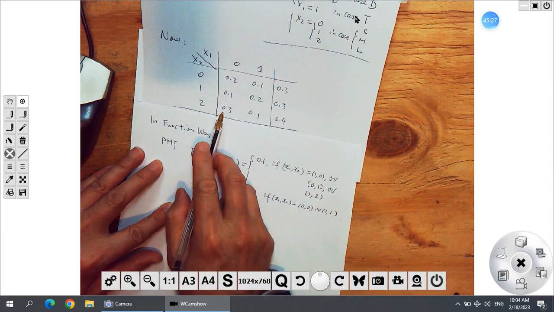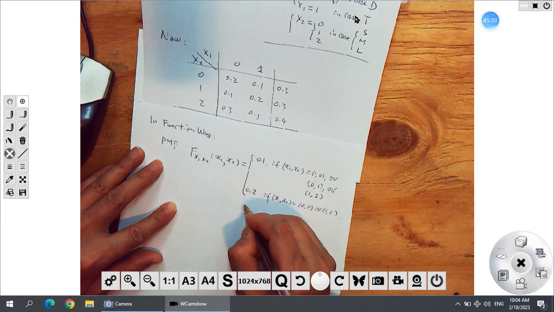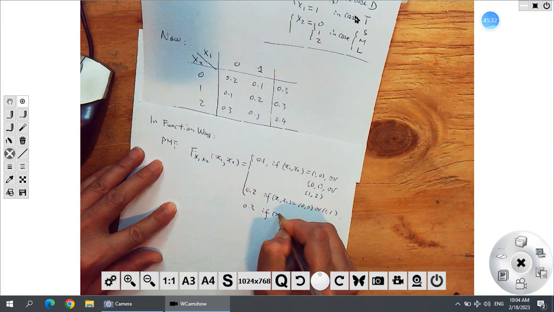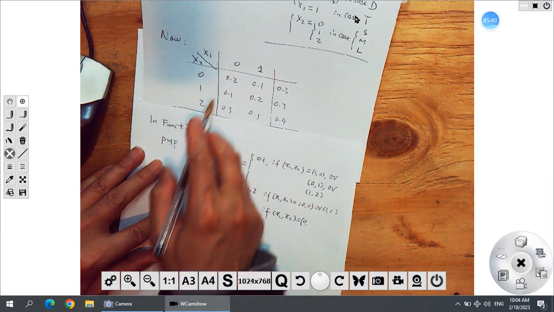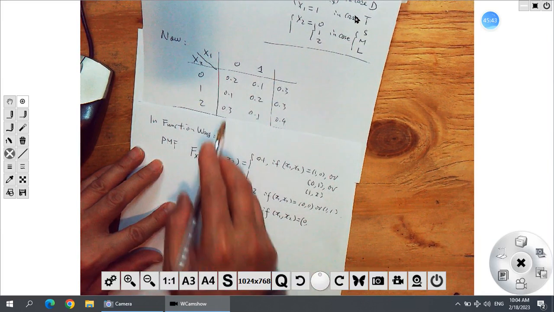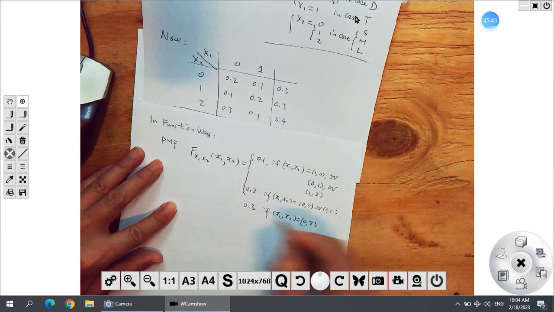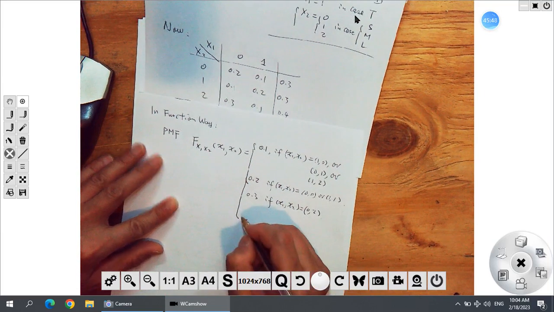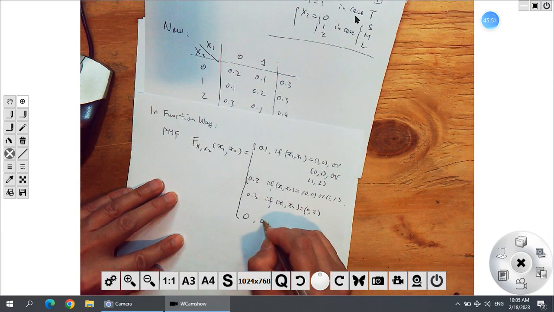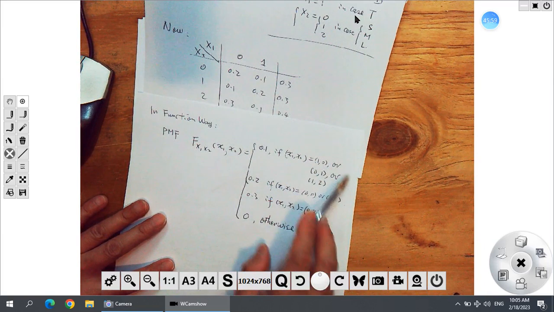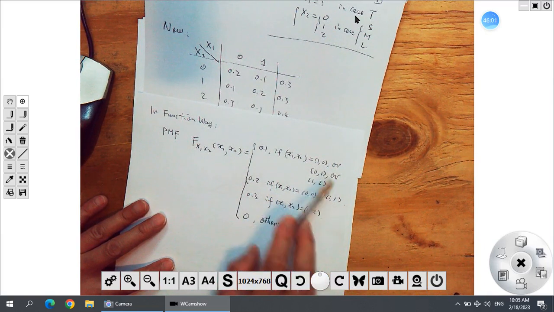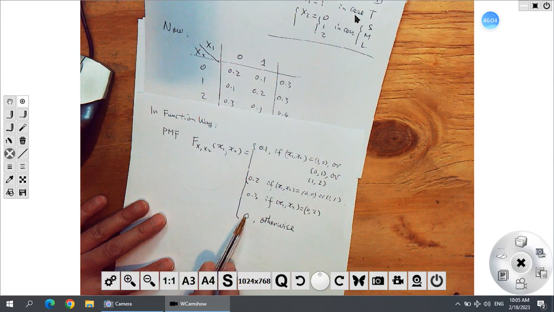And then 0.3 if (x1, x2) equals (0, 2), and 0 otherwise. Any other x1, x2 other than these values is just 0.